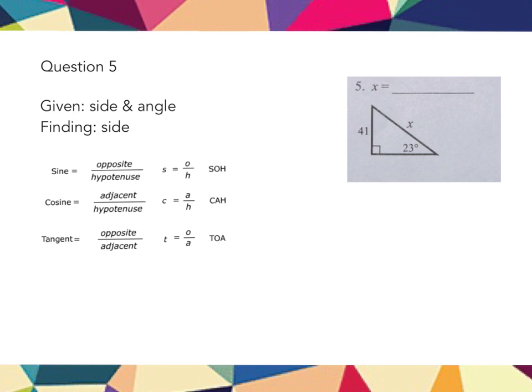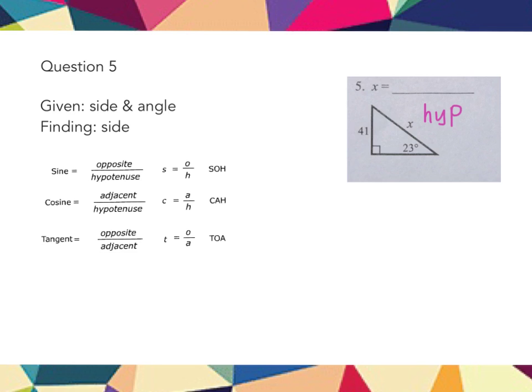So if we take a look at the triangle, you can see that what we're solving for is the hypotenuse. And the hypotenuse never changes. That's always going to be what's directly across from, directly opposite this right angle. So then I have to decide, is 41 the opposite side or the adjacent side to 23? And remember, this depends on which angle I'm looking at, this angle or this one.